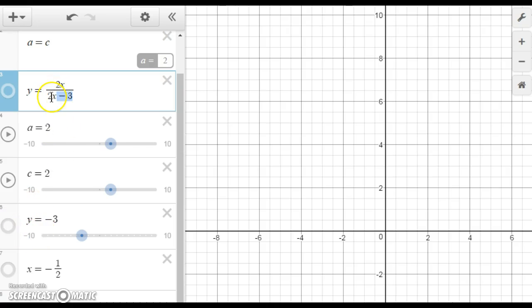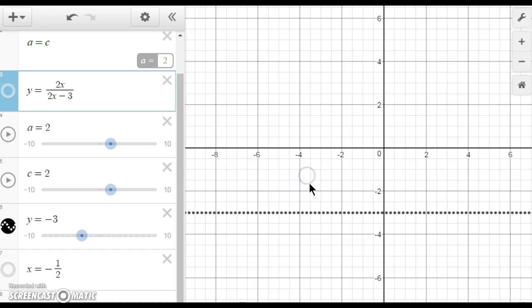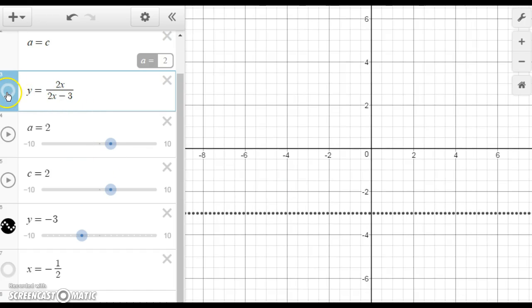What's for sure is this will definitely change my vertical asymptote. So my vertical asymptote is no longer going to be there, but we know how to find it. For now, let's just focus on the horizontal asymptote. I'm saying that maybe this is the value that played a role in determining where my horizontal asymptote is. So I'm going to guess that my horizontal asymptote is there.